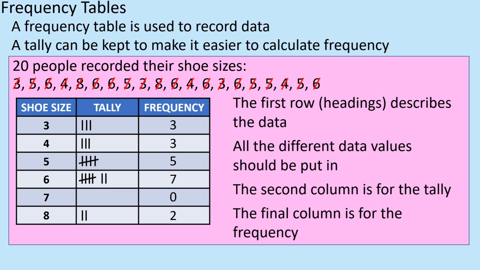It has to fit in a specific one. Even if you're talking about 3.5, that would be 3, 3.5, 4, 4.5. It still has to fit within a specific one. It doesn't continue all the way through. There are gaps. So this is classed as discrete data.